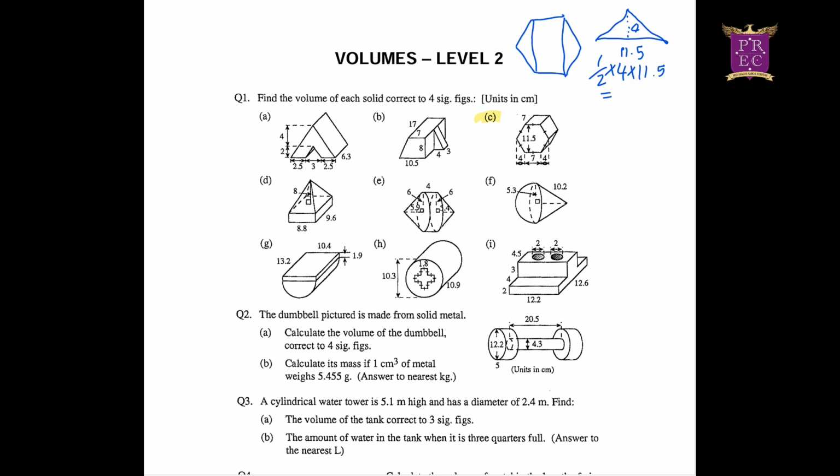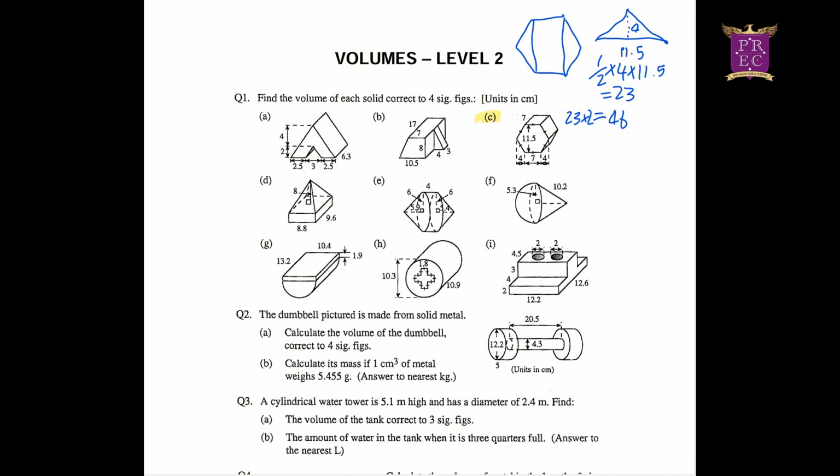You can put that in the calculator and figure it out. This should give us 46 divided by 2, which gives us 23. But we know that there are two triangles, so we just times 23 by 2 to account for the two triangles.